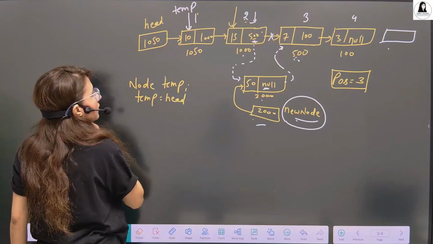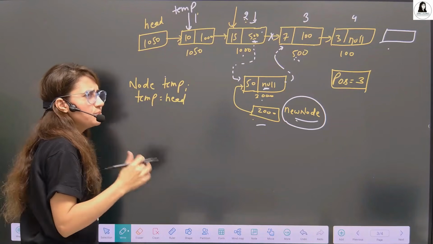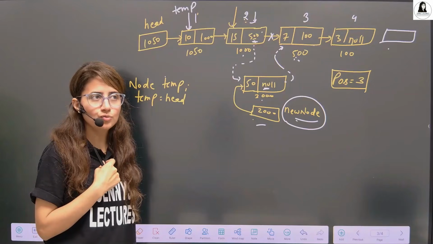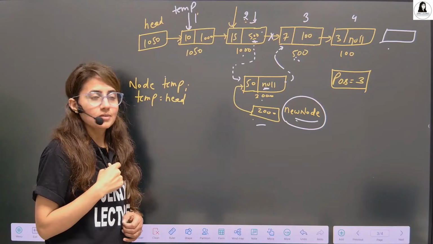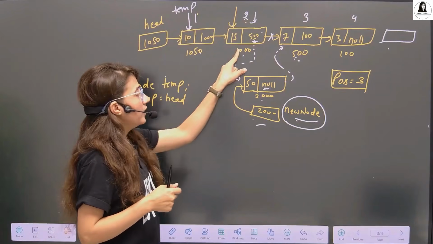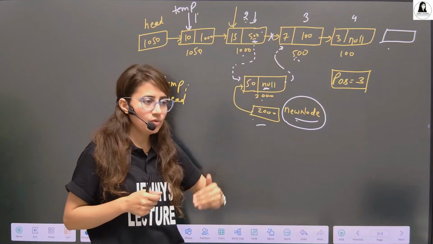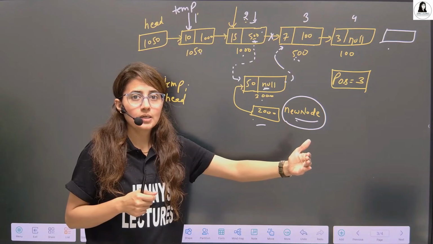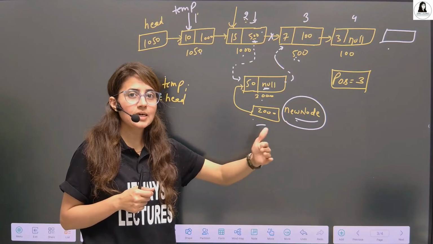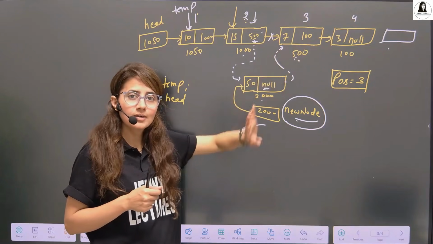Now let's see. Where is my current position? That also you have to track. My current position right now is 1. If I move here, then my position will become 2. If I move here, then my position will become 3. And till the current position is less than position minus 1, till then you have to move.